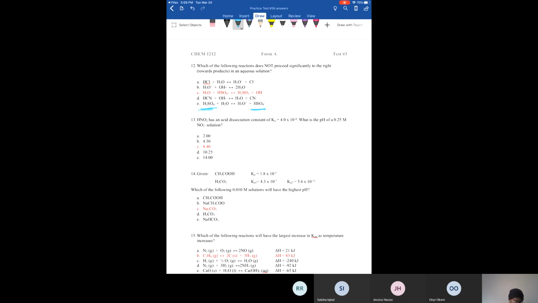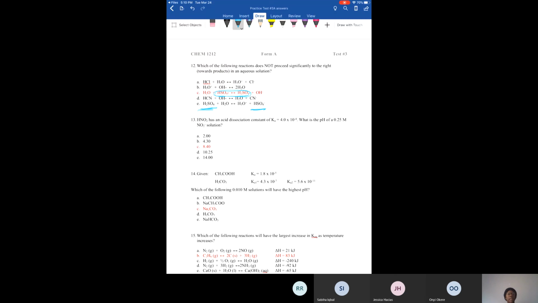Whereas for C, this reaction is not really going to happen because the H2SO4 Ka value is greater than your HSO4 value. So it's a stronger acid, and it's going to want to proceed in the reverse reaction. It's not really going to want to form H2SO4, because you don't want to form the thing that's going to want to immediately go back, because it's a stronger acid.